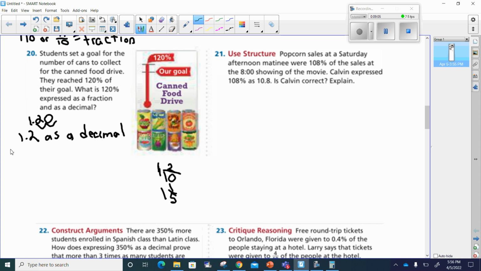So I could put 1 and 1/5 or 6 over 5 as a fraction.